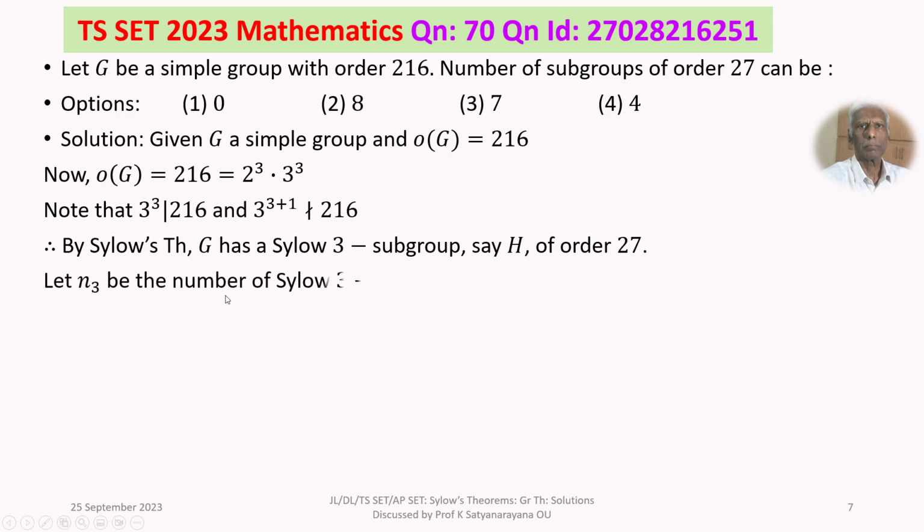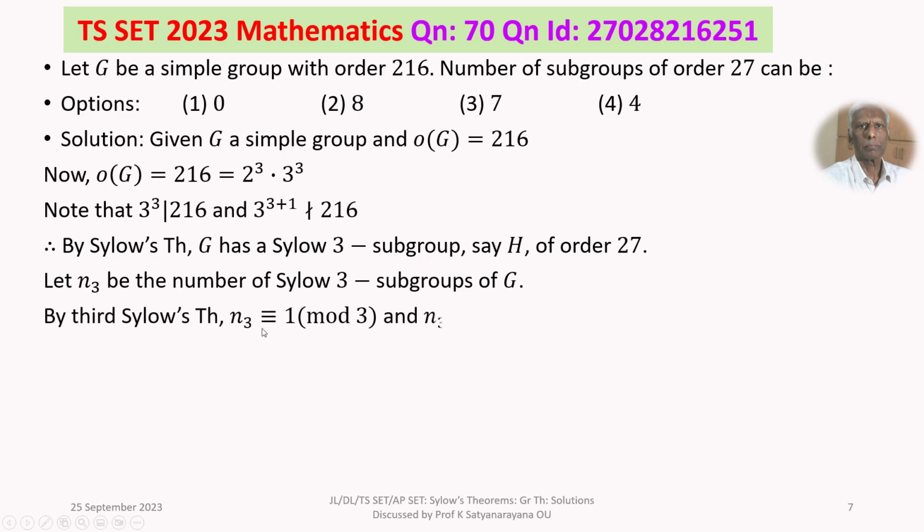Let n3 be the number of Sylow 3 subgroups of G. By the third Sylow theorem, n3 is congruent to 1 mod 3, and n3 divides 2 cube, which is free from 3.